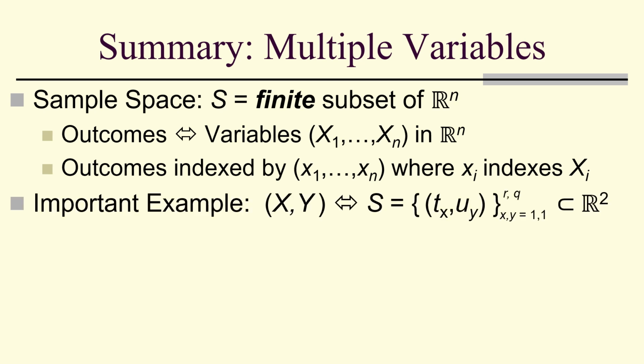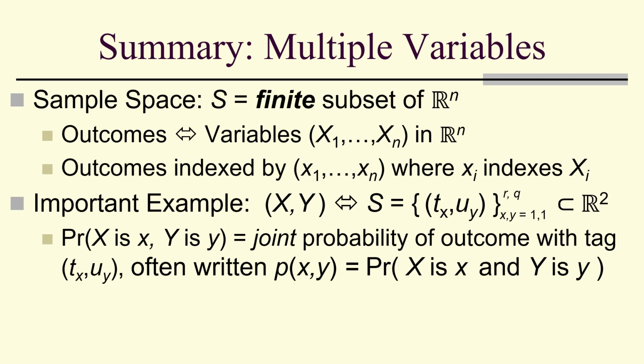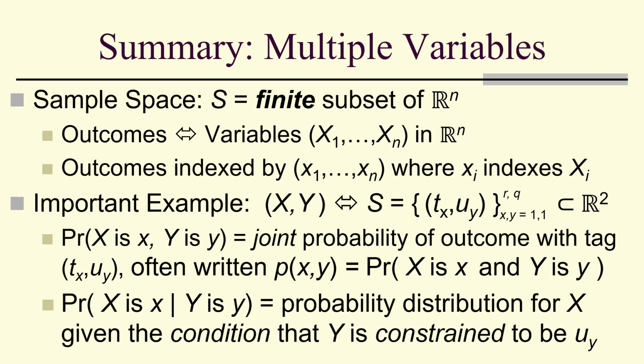And an important example we looked at in R squared, and we defined the joint probability of an outcome with tag t sub x u sub y, written as P of xy, is the probability that x is t sub x, but that's x indexed by x, and y is indexed by y. And that led us to another way of understanding conditional probability, which is the probability distribution for x given the condition that y is constrained to be u sub y.